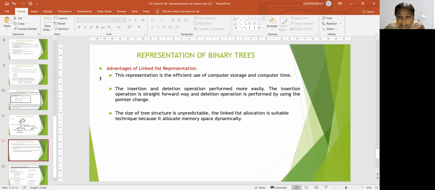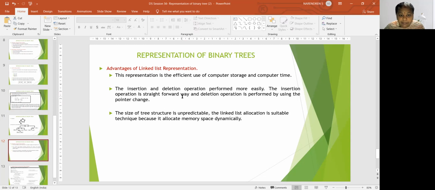But here it is not like that because we are using addresses. If the address is present, then we can easily identify the location where an element has to be inserted or deleted. That's why insertion and deletion operations are performed more easily.